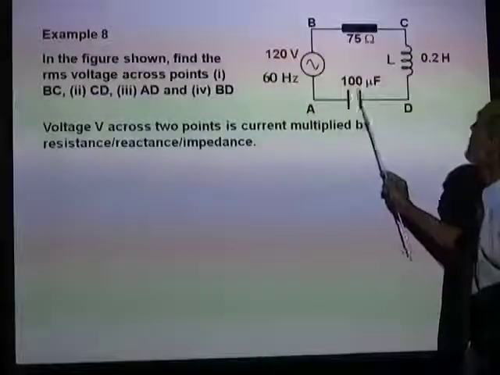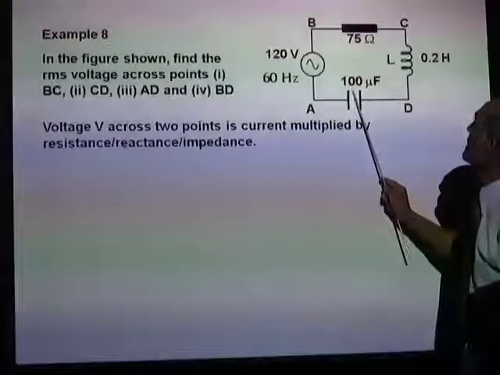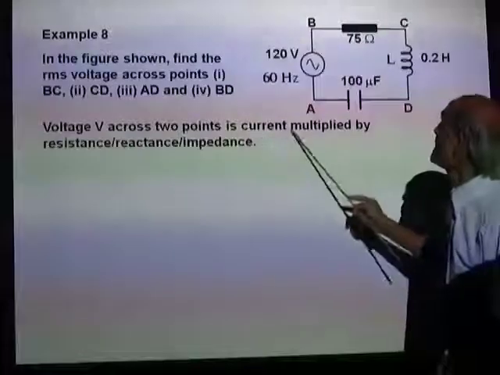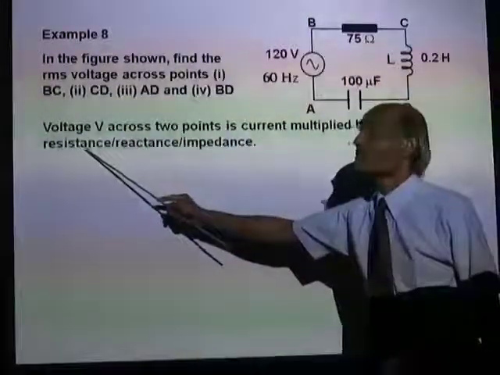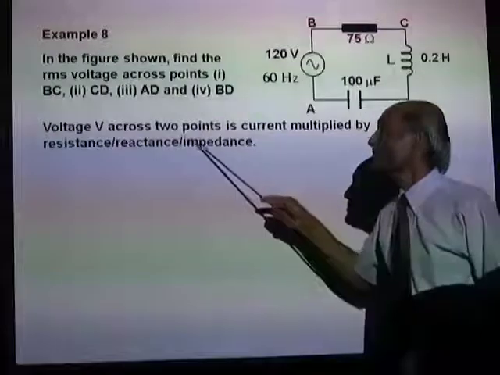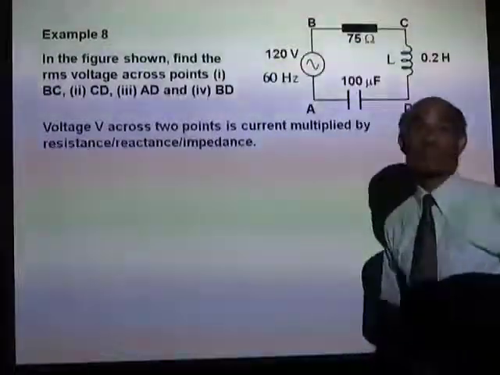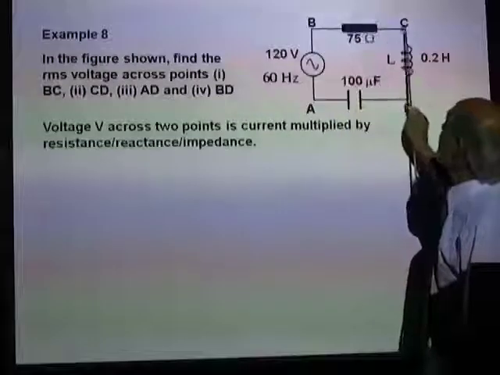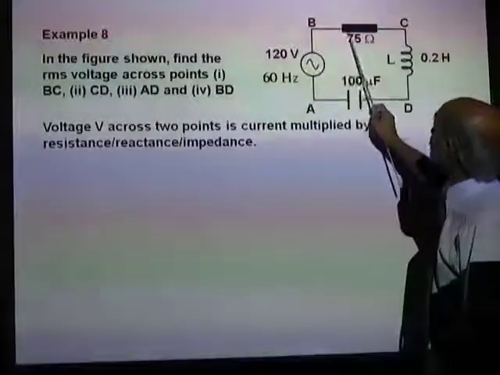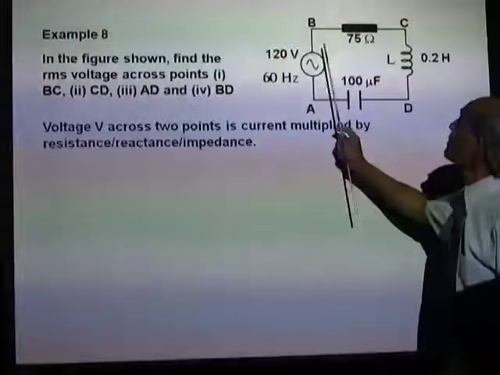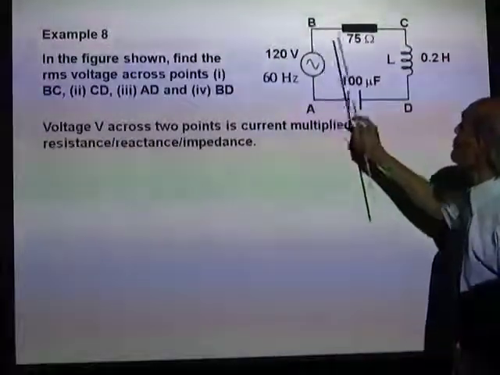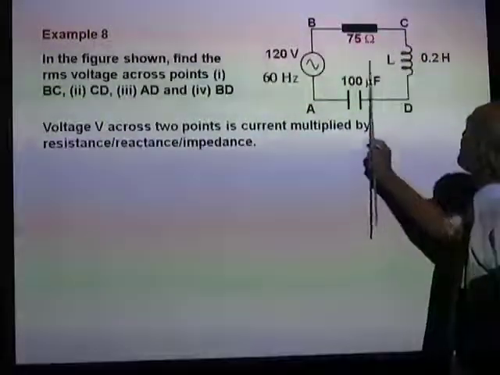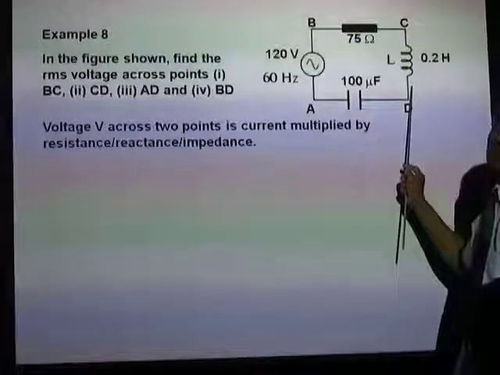Across AD is the voltage across the capacitor. Is that right? So voltage V across two points is current multiplied by the resistance, reactance, impedance, whatever is the case. So in order to find the voltage across BC, it is the current multiplied by the resistance. If you want to find the voltage across BD, it is the reactance of the system multiplied by the current.